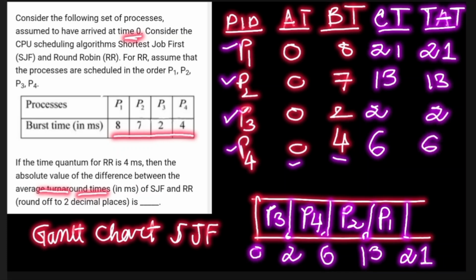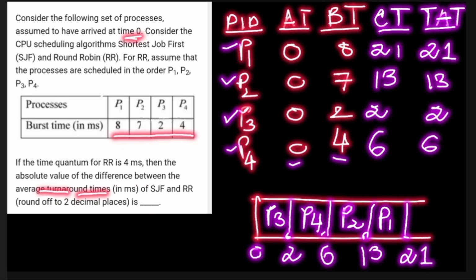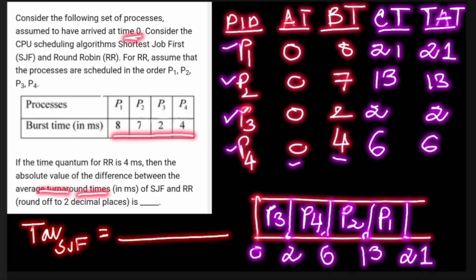We have to find the average turnaround time. So average turnaround time for SJF is 21 plus 13 plus 2 plus 6 divided by 4.